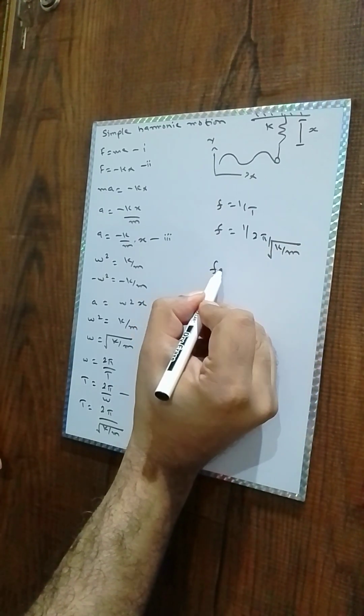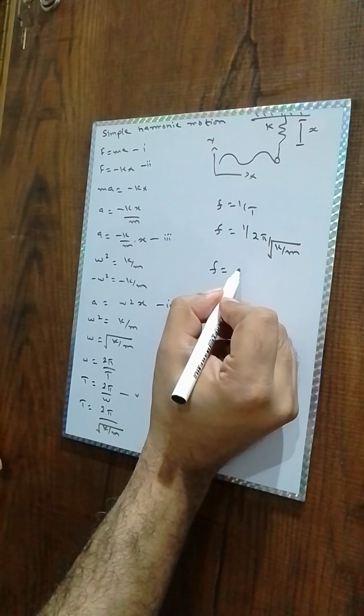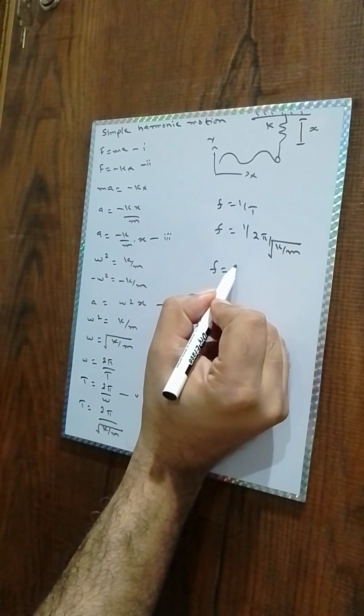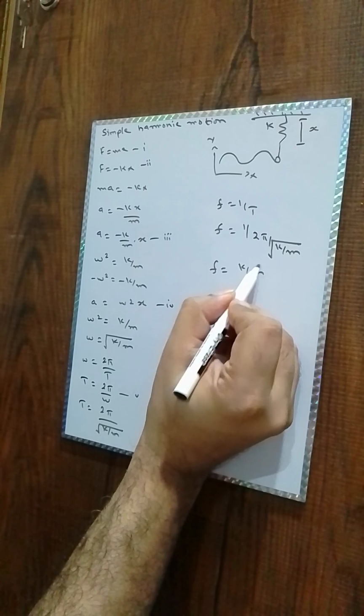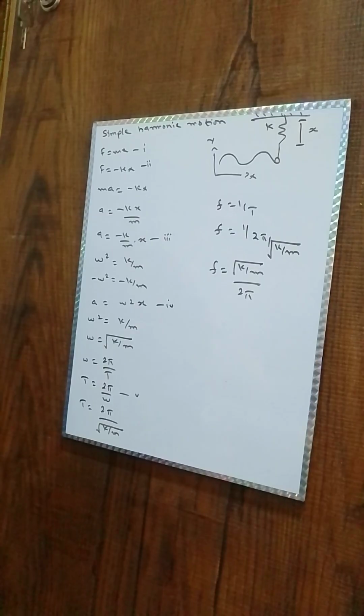Yes, in this situation f would become k by m under the root by 2 pi. So this is the form for the frequency and the time period of simple harmonic motion.